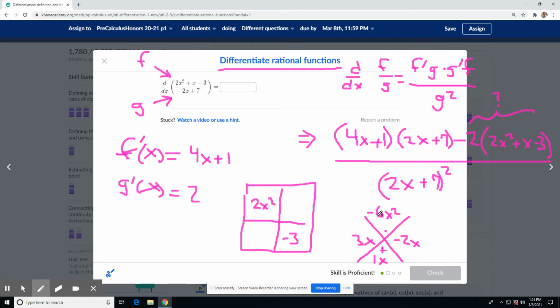3x times negative 2x is negative 6x squared. 3x plus negative 2x is 1x. Good. So these are the numbers that go in here. And then we fill in these spots. Okay. Look for common terms. There's a common term of 2x here.